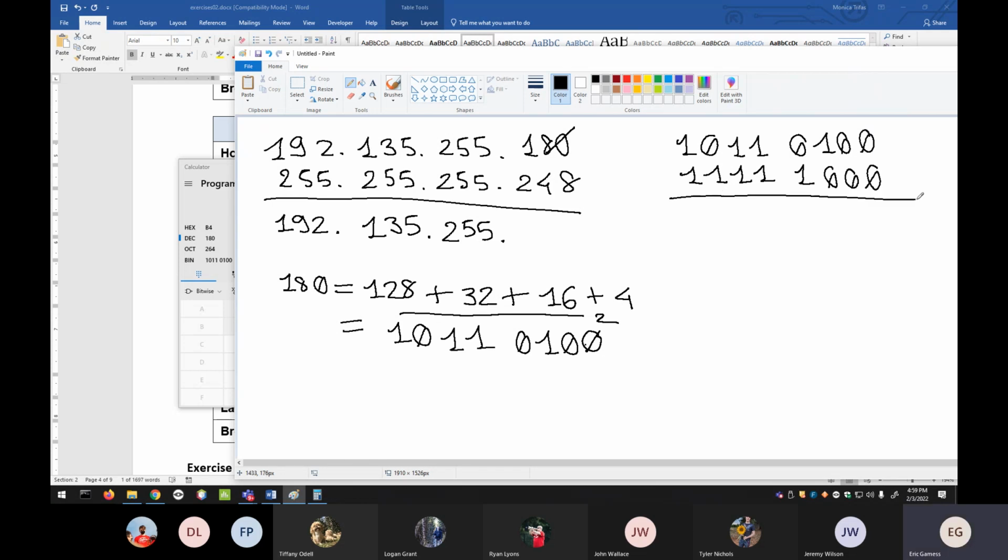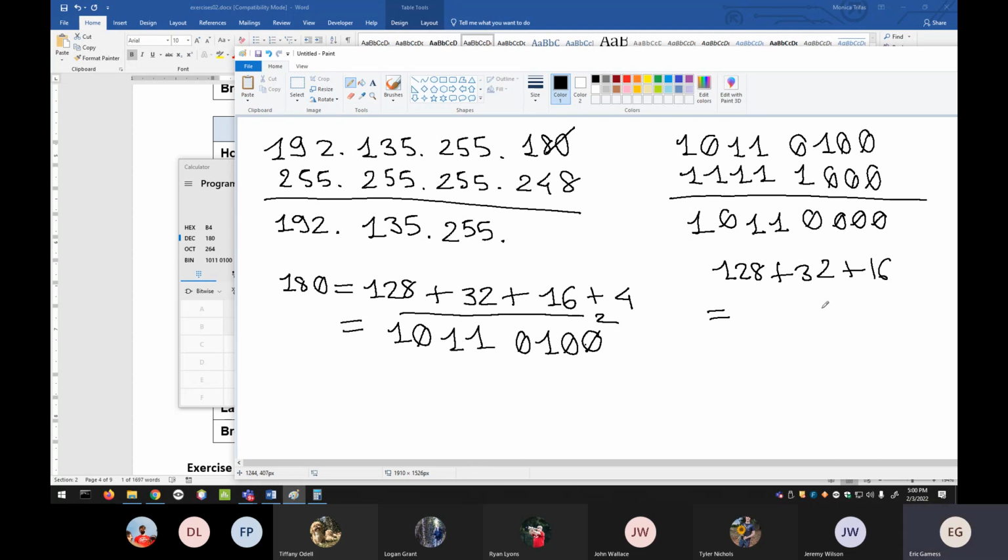When you bitwise AND, 0 0 0 0 1 1 0 1. So it is what? 128, 64 is not there, plus 32, plus 16. 128 plus 32 will be what? 160.